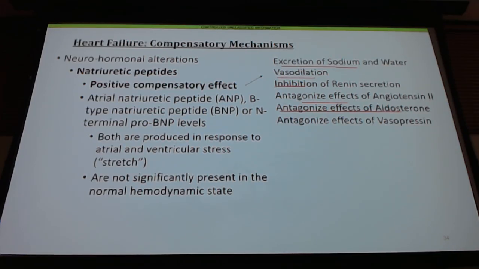So now I'm going to additionally secrete volume out appropriately. So you can see the natriuretic peptides, the things that we test to tell us if this person's in heart failure or not, are truly the only thing that actually can fix this problem outside of the medications we give to our patients.